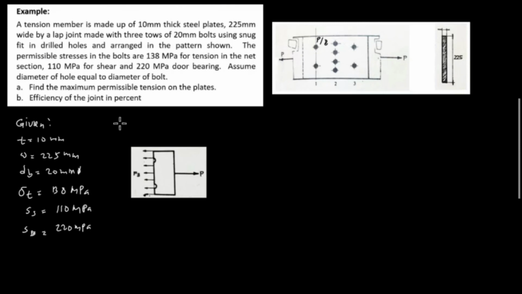At section 3, in this line, we have the diagram. We have 2 holes and the force P3 with a total P. Let's find the value for P3 for the section 3.